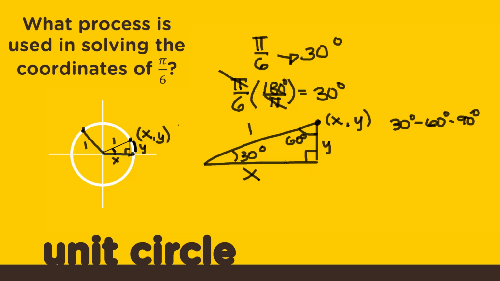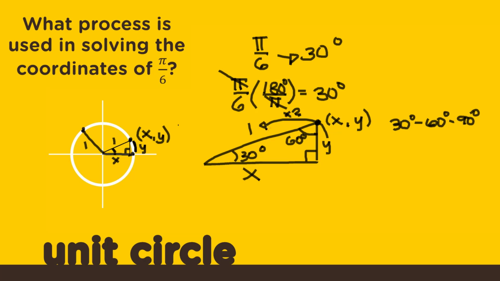Okay? And we have a special relationship between the shorter leg represented by y and the hypotenuse, and our shorter leg to our longer leg, which is x. And here comes the idea of the 30-60-90 degree triangle. From the shorter leg, which corresponds to y, going to our hypotenuse, we simply multiply it by 2.